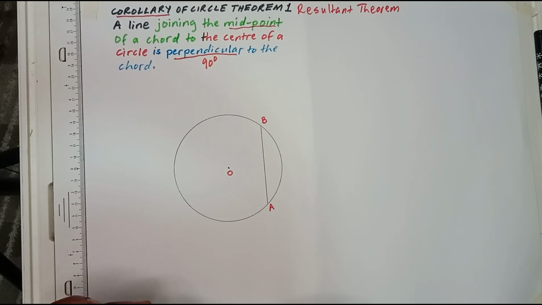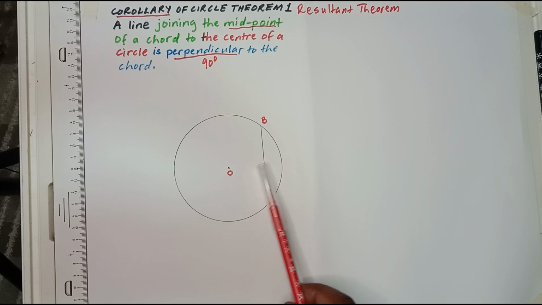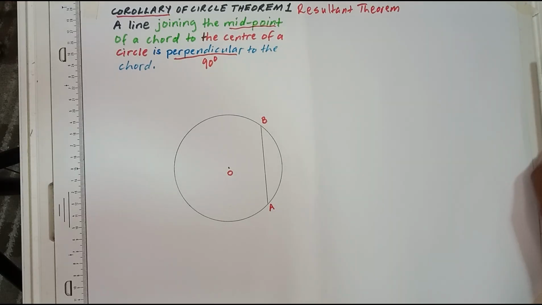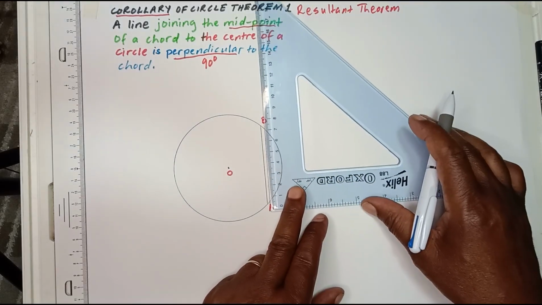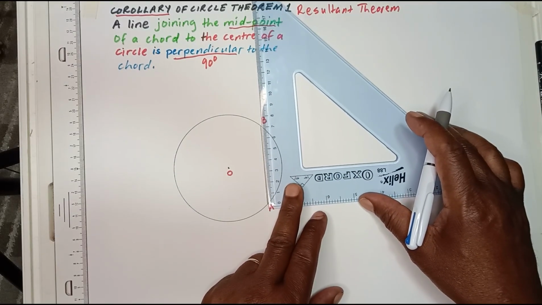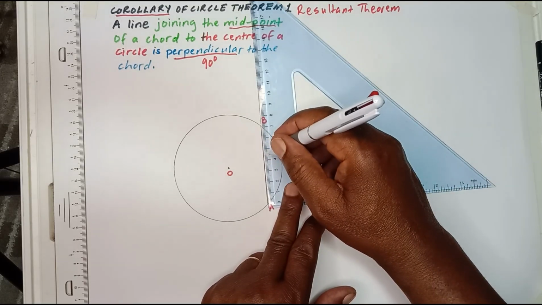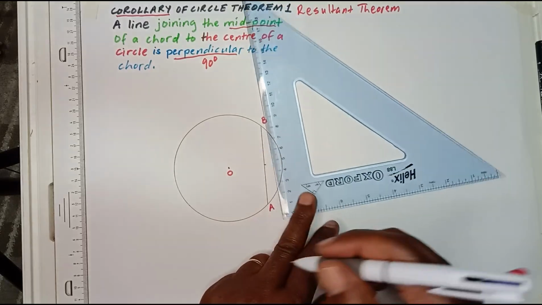So that line drawn from the center of the circle to the midpoint is going to be at 90 degrees to the chord AB. Here, we don't need to do any complicated construction. Checking this line, we can see that its length is 7 centimeters, and half of 7 centimeters is 3.5 centimeters.